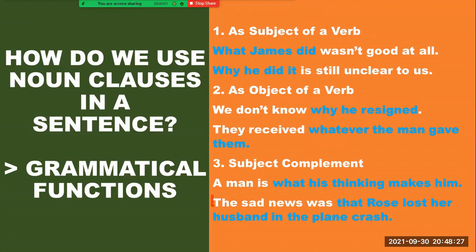All right, so the first is the sad news, and that is the subject. Was is the verb. That Rose lost her husband in the plane crash is the complement. So we represent it with C, the letter C.